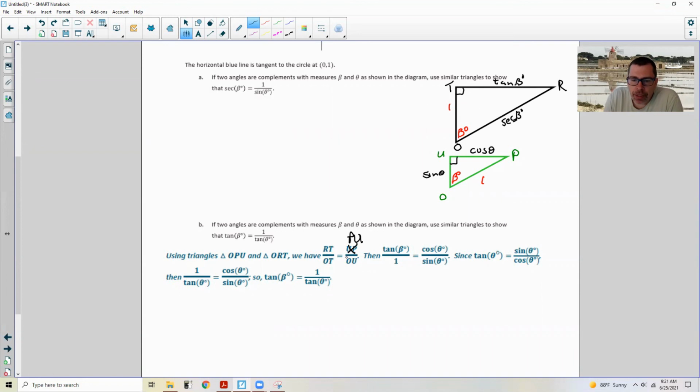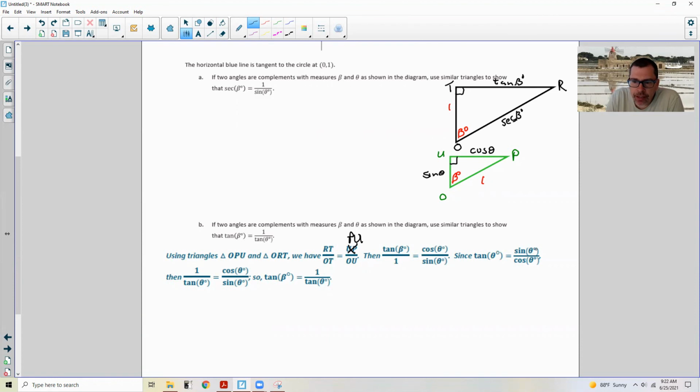Okay, now with that being named, what is RT? RT is the tangent of beta, so there it is. OT is the radius 1, so that we put a tan beta over 1 equals, and PU is cos theta, which is right here, and OU is sine theta, which goes here.